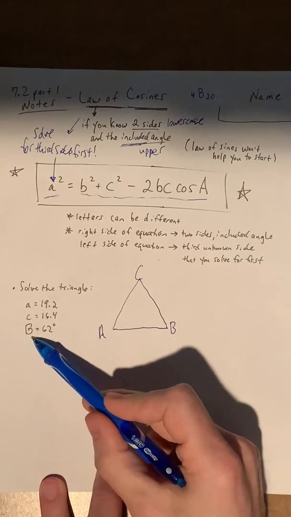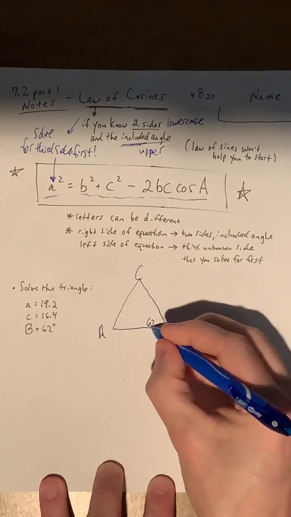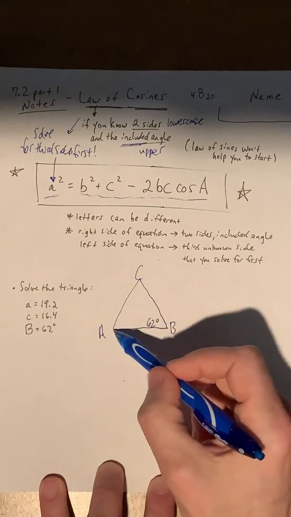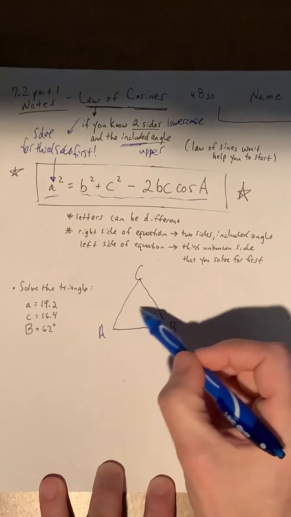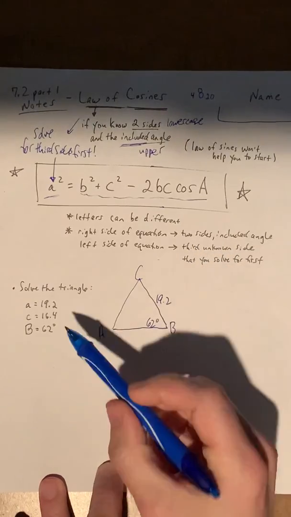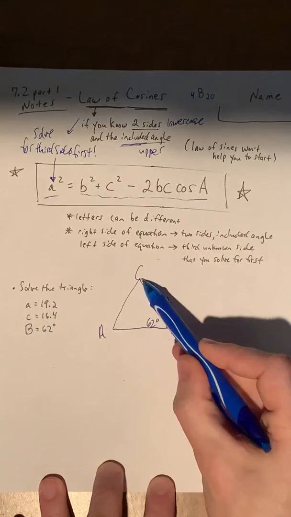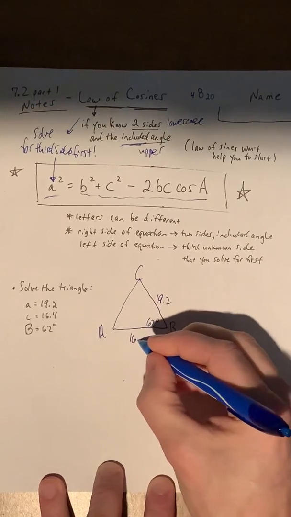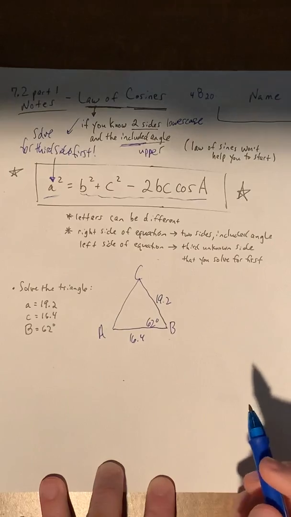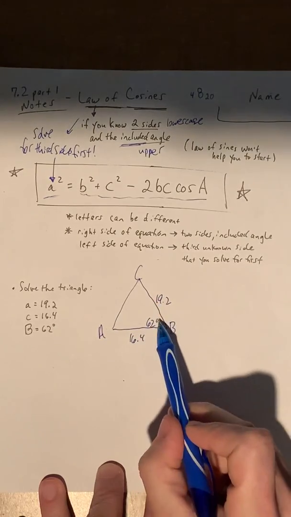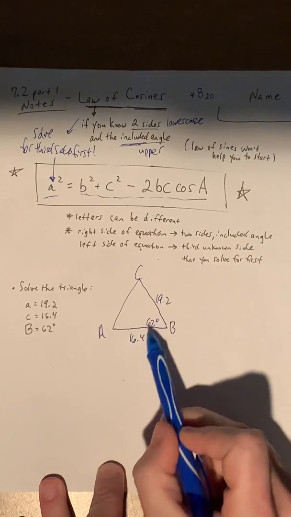Let's go ahead and label angle B is 62. A and C, which this is side A across from A, is 19.2. And this side C is opposite or across from C, 16.4. So again, you'll see that this is the included angle between the 2 sides you're given, made from the 2 sides.